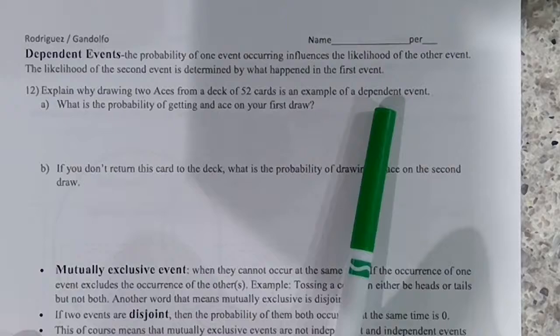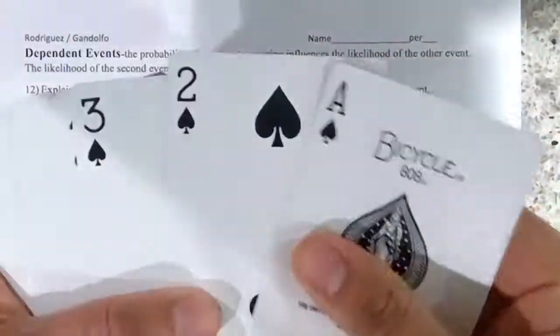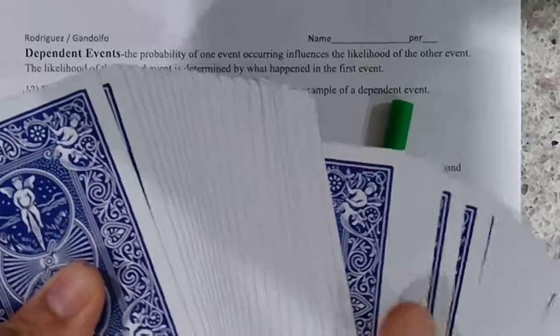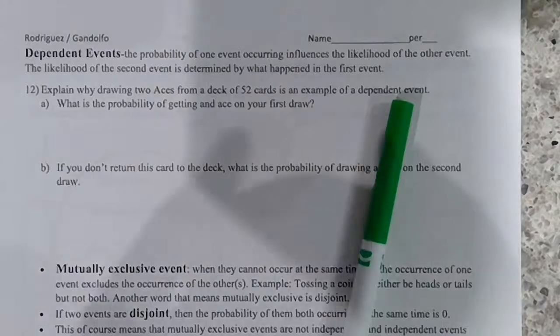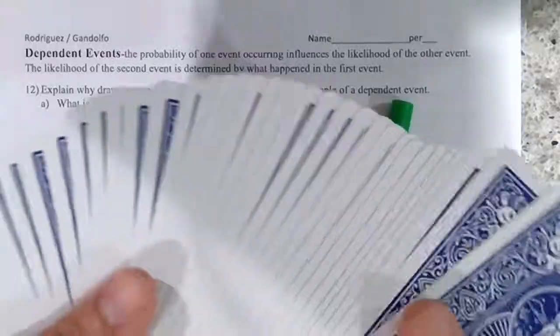Well, if you draw one ace, and you're trying to get another ace, now you have less available, so that's why it is dependent. What would be the probability of getting an ace on your first draw? Well, how many aces are in a deck?